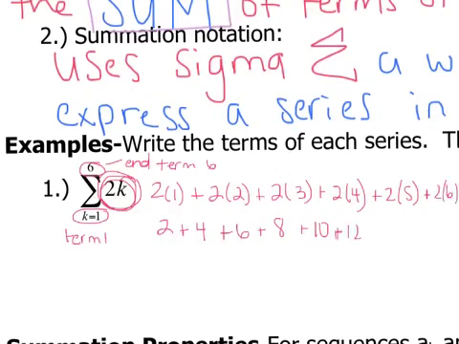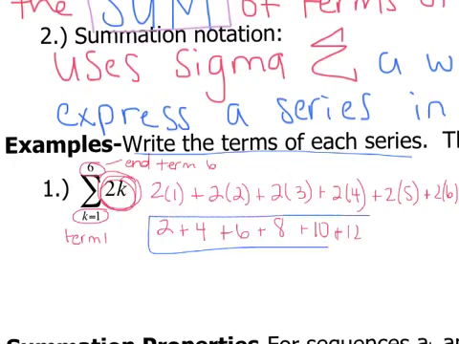Okay, a couple of things that I want to point out to you. The directions say to write the terms of each series. That's what this is. That's the 2 plus the 4 plus the 6 all the way up to the 12. Okay? Write the terms of the series. That's what we have here. Then evaluate. What do you think that means?